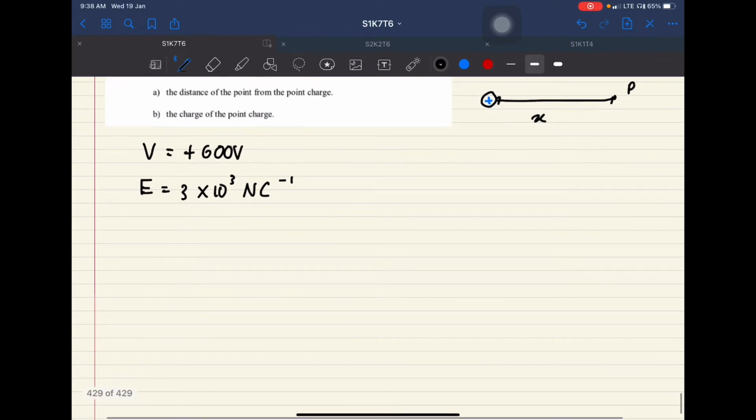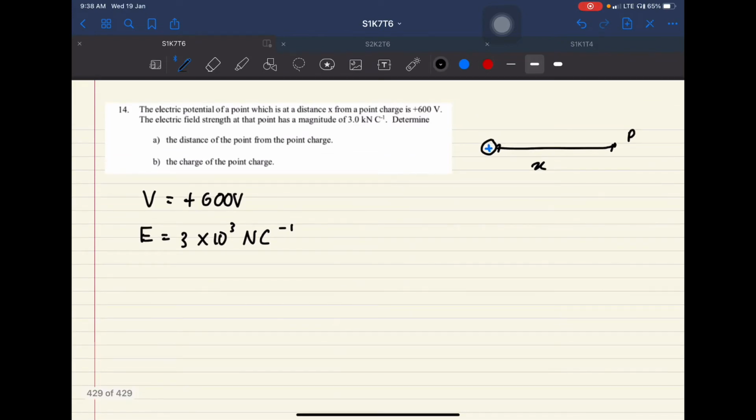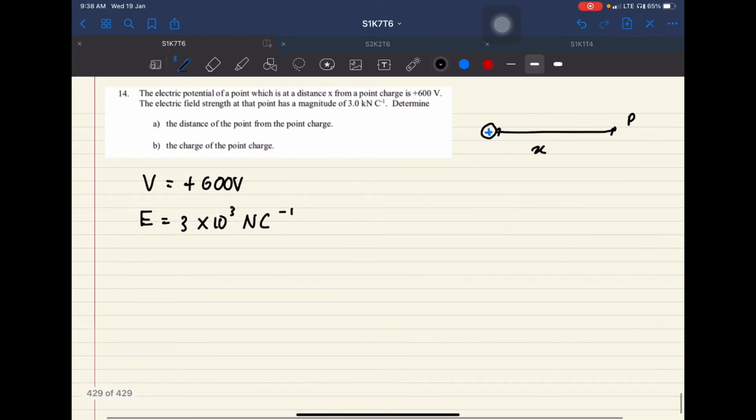You want to find the value for x, the distance of the point from the point charge.